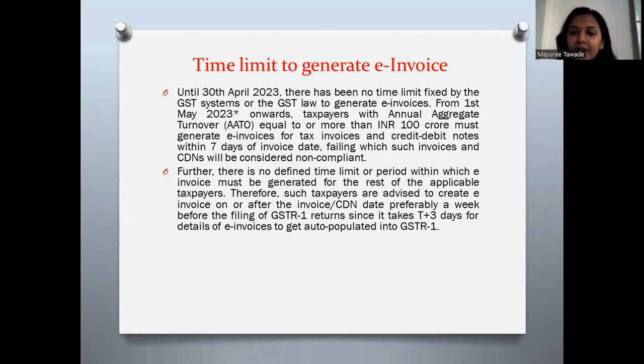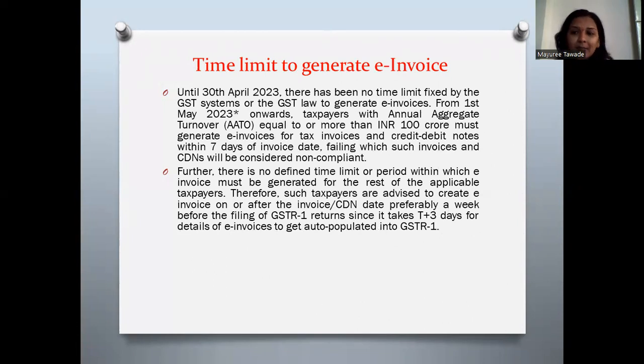Therefore, such taxpayers are advised to create an e-invoice on or after the invoice date, preferably a week before filing the GSTR1 returns, since it takes T+3, that is today plus 3 days, for details of e-invoices to get auto-populated into GSTR1.